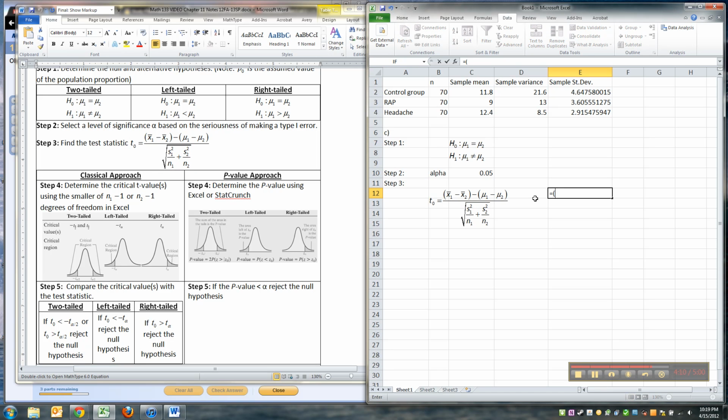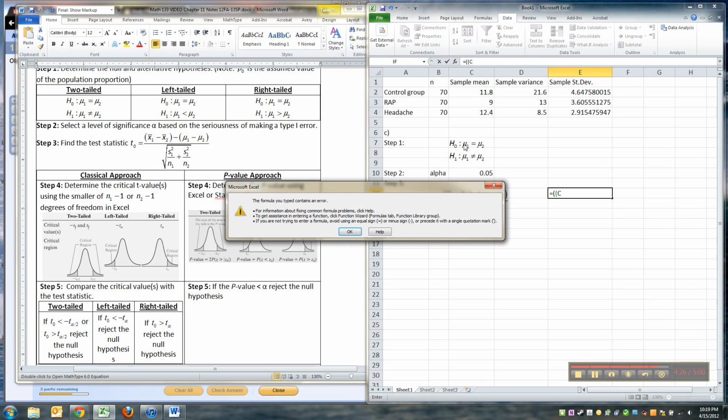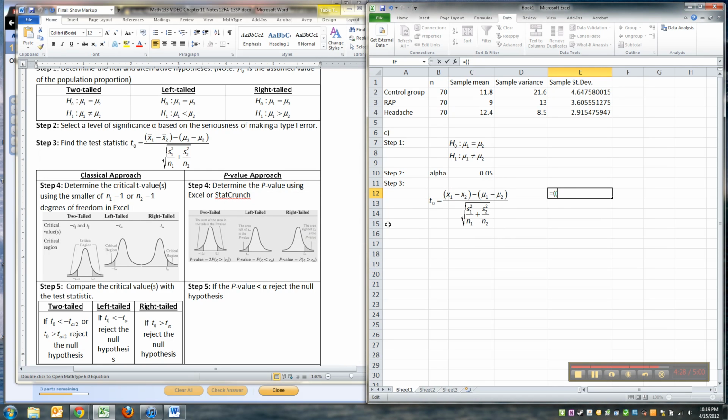That's equal to, all right, we want to find the difference in the sample means. So I want to take the difference in the control group and the RAP group, right? So if I take this guy minus C2, there it is, that one minus that one, close parentheses, that's the end of my numerator.